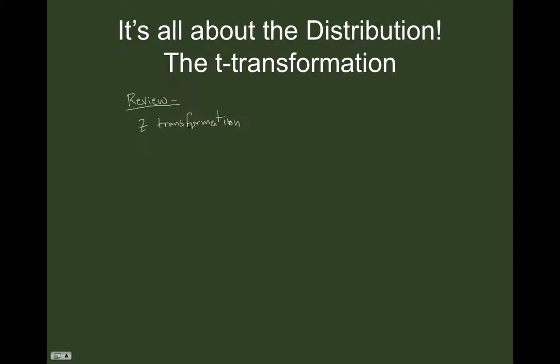The transformation we were using looked like this: sample mean minus hypothesized population mean divided by sigma, so the difference in the numerator divided by the quantity sigma over the square root of n. That was the transformation, and Z's distribution is standard normal.